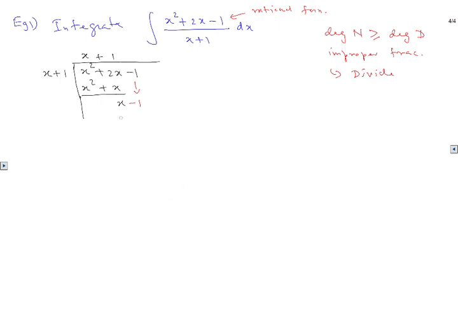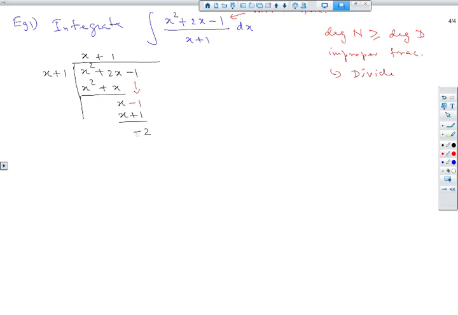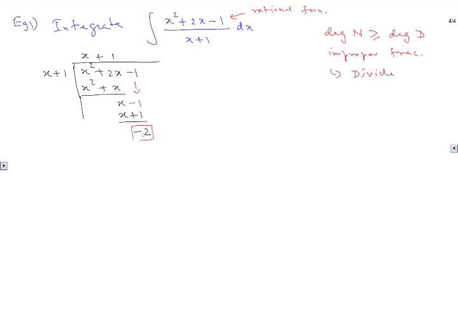So we're going to multiply by 1, so it is x plus 1. And then again, we're going to subtract. When you subtract, you're going to get negative 2. And then you can see that the degree of that term is less than the degree of this one. The degree of this is degree 0. This is degree 1. So you're going to stop.